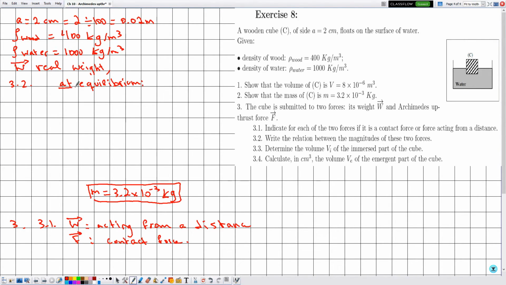On the left, we write the sum of forces acting on the cube C. They are given by the weight W and the upthrust F, which is denoted by capital F without the subscript up. And on the right hand side of this equation, we write the zero vector corresponding to equilibrium.